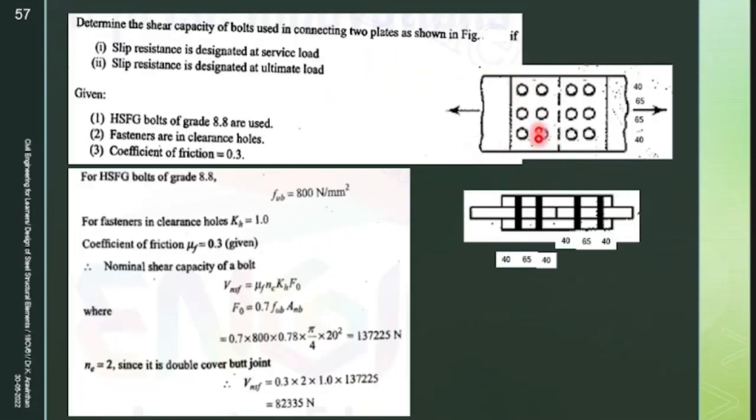Now if you are using 6 bolts, see here how many bolts are here, 6 bolts in a plate. So if you multiply 6 into 74,850, what is your answer? Four lakh 49,099 Newton. Now this is the capacity of the bolt.